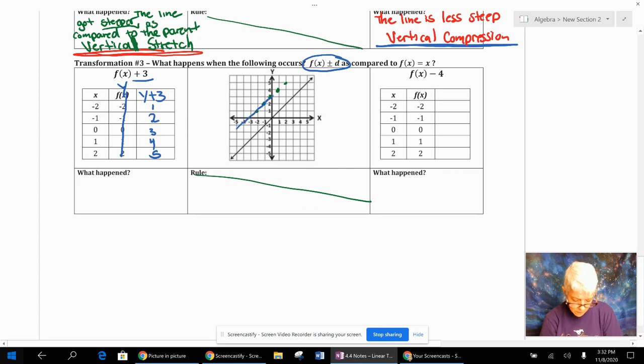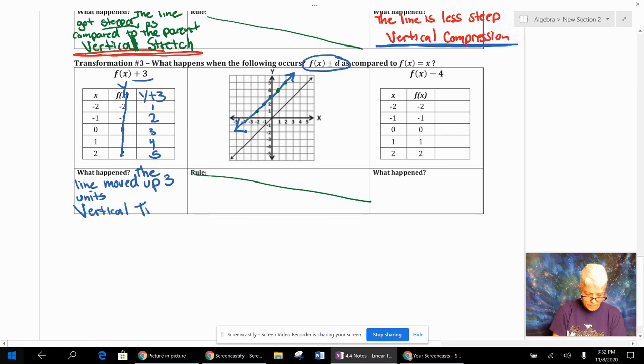So what happened here? What happened is the line moved up. Because it's a positive value, it moved up 3 units. We call this a vertical translation.